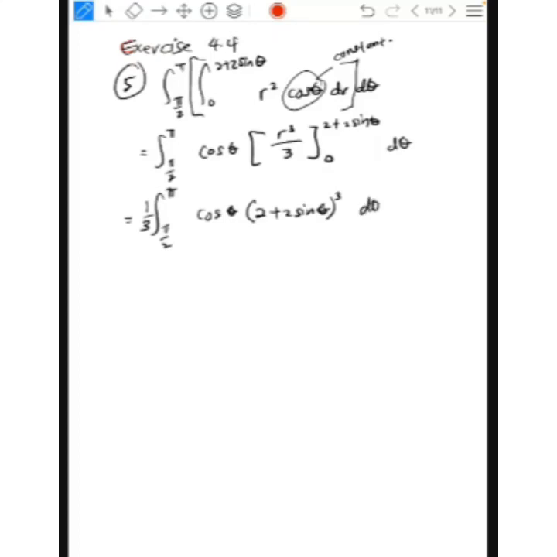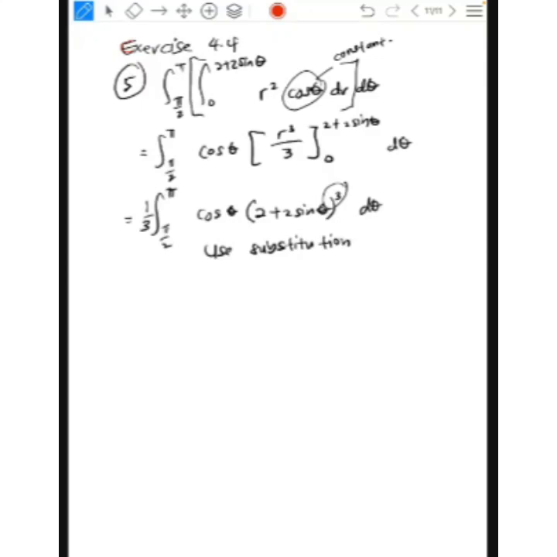Okay, so this is what you want to integrate further. Okay, for this one, dia ada kuasa 3 kan. You can always open the bracket. However, it is very tedious for you to do to the power of 3. Kalau to the power of 2 tu okay lagi. Boleh buka bracket dan darab-darab semua. Okay. What you can do here is you use substitution. Again, substitution. Senang. Okay, because you have sine and then you have cos.